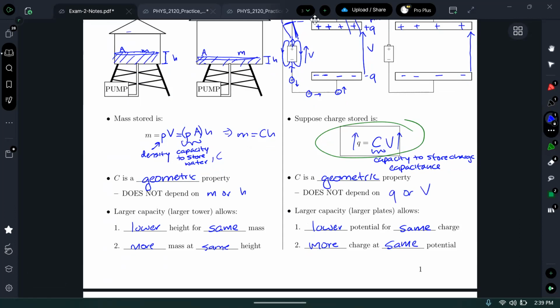Yes. So the capacitance only depends on 3 things, right? The dielectric, the distance between the plates, and the area of the plates. Yes. If we're being strict, a parallel plate capacitor only depends on those things.